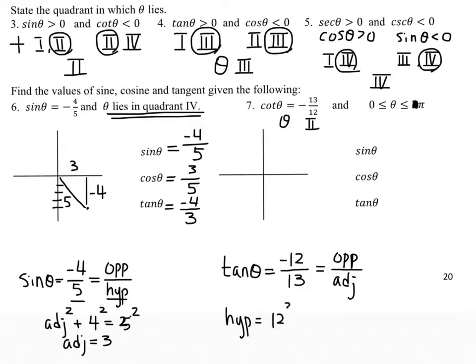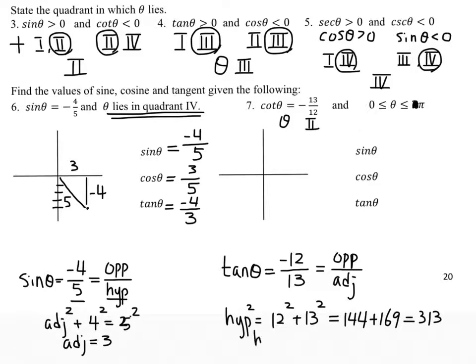Hypotenuse is going to be 12 squared plus 13 squared, so 12 squared is 144, 13 squared is 169. So that equals 144 plus 169, which is 313.